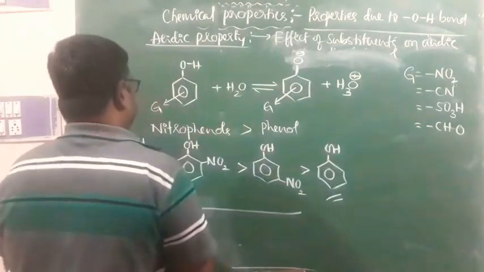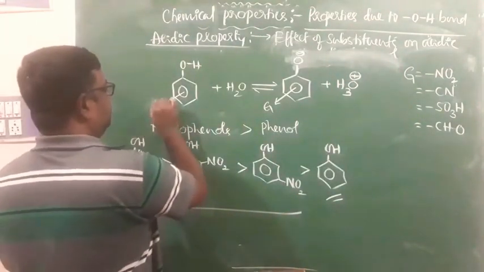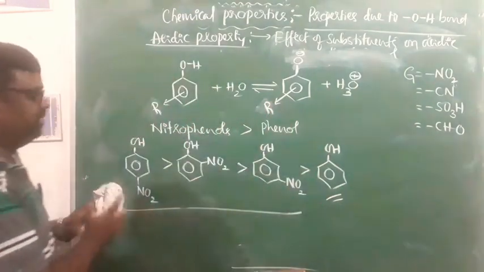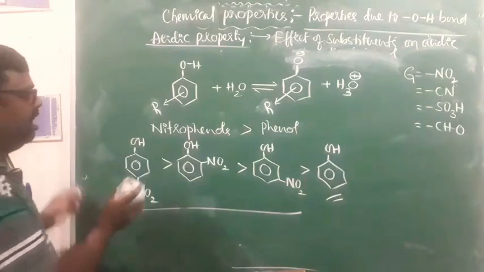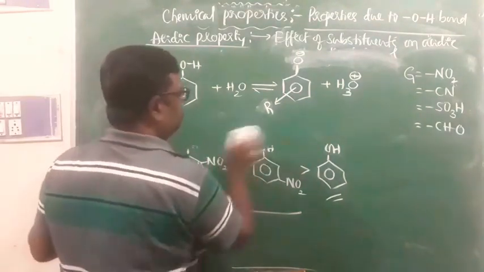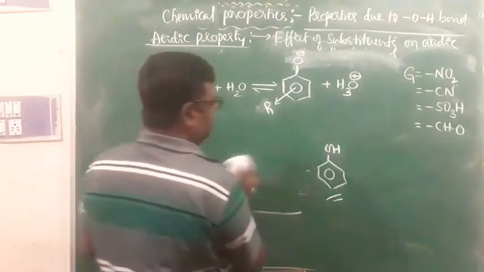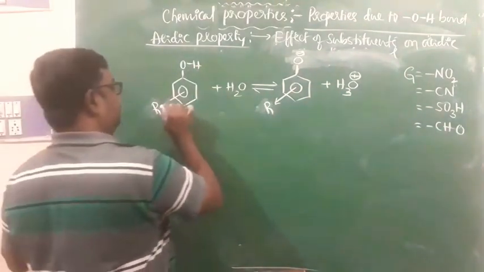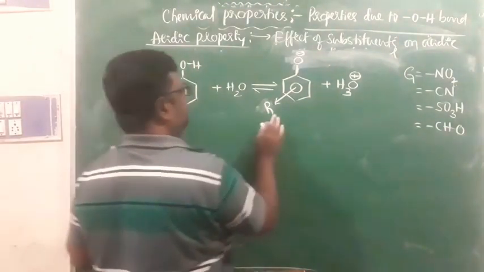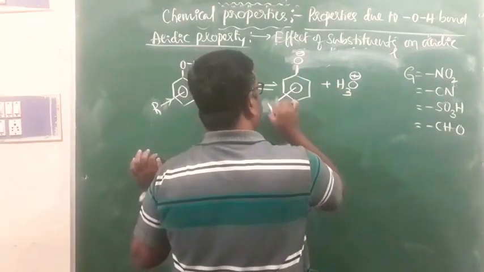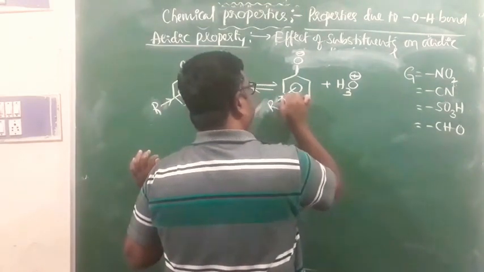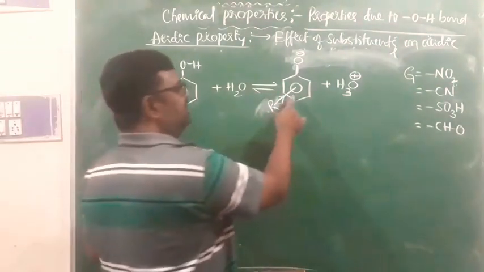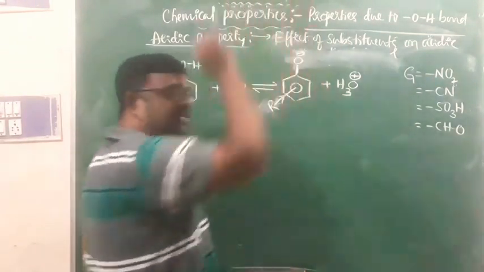Now, if I connect electron releasing groups like R, they release electrons towards the benzene ring, so the electron density on the oxygen increases.